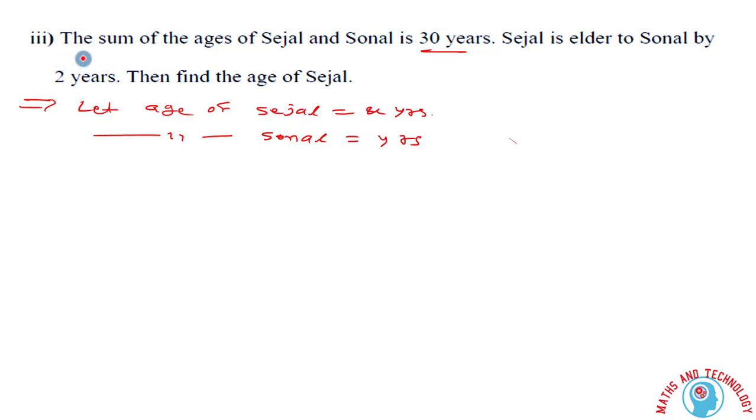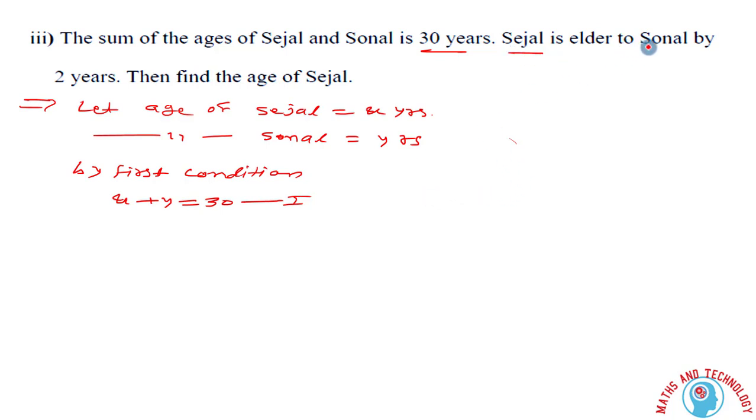By first condition, the sum of the ages of Sejal and Sonal is 30 years. By given condition, x plus y equal to 30. Equation 1. Now what is the second condition?